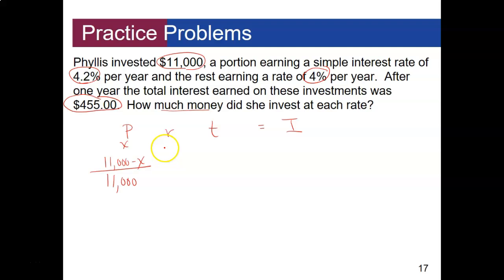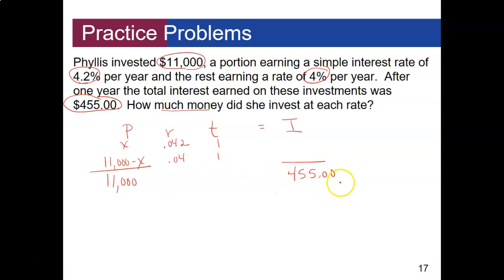One rate was 4.2%. One rate was 4%. The time, these were per year, so our time's just going to be 1. And the total interest that she earns is $455.